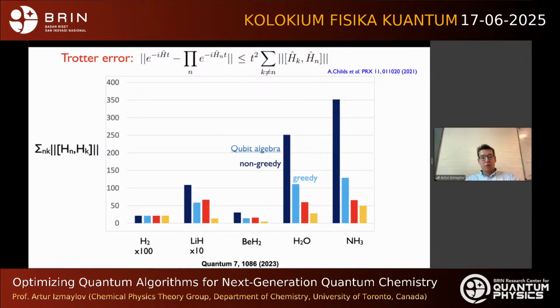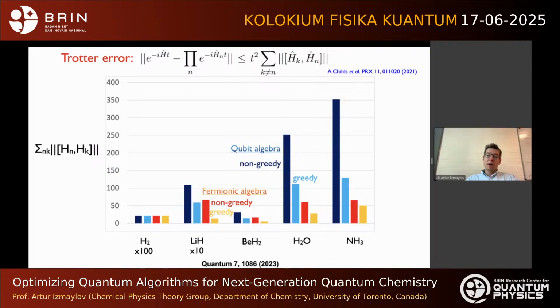So these are, as you can see, errors across the molecules. Greedy is better everywhere. And then the fermionic algebra, again, the non-greedy is red and the greedy technique is in orange. And again, you could see the same trend. Greedy is better by, well, the logic that I just described, right?